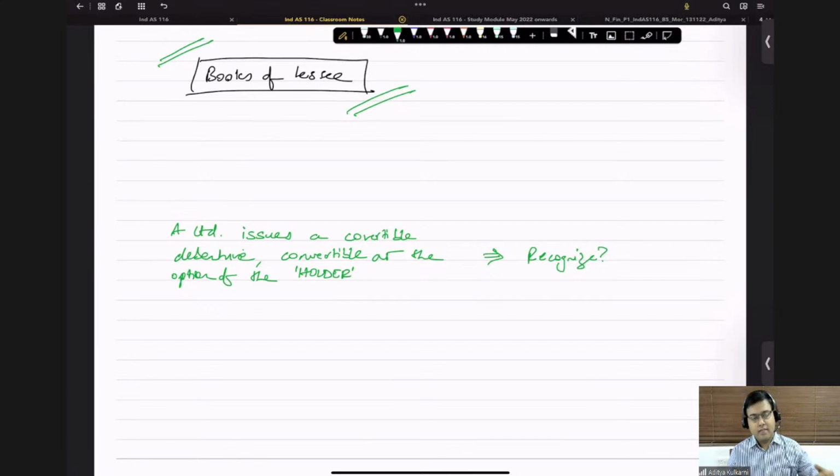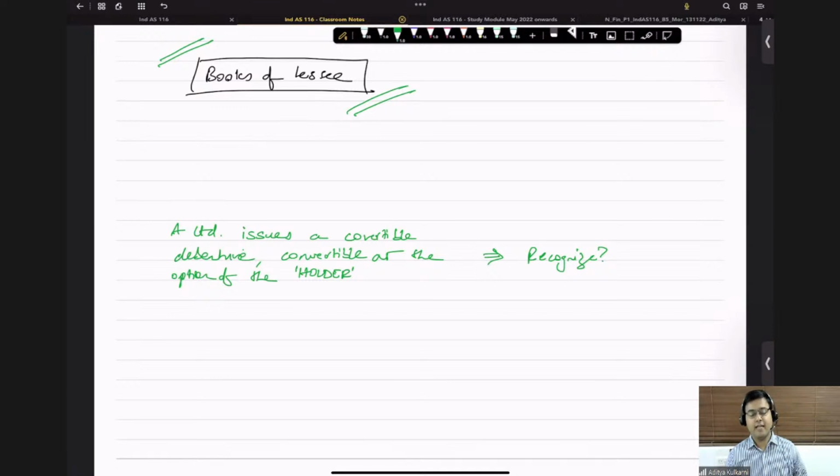But the reader of financial statements will be surprised if you do the first option. That means you book as equity, then you change it to a liability depending on that person's option being exercised. So therefore, the standard tells us to recognize it as a liability on account of an outflow that can happen at any point of time in the future.